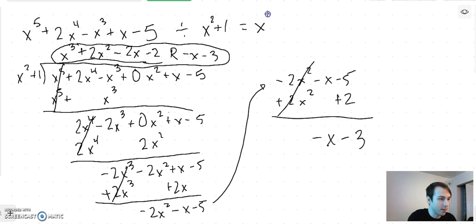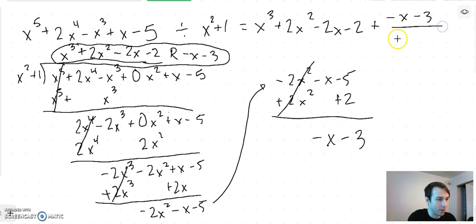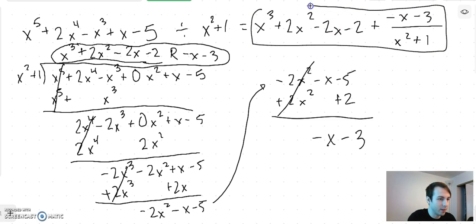So x cubed plus 2x squared minus 2x minus 2 plus negative x minus 3 over the thing that we were dividing by, the x squared plus 1. So this is our final answer then.